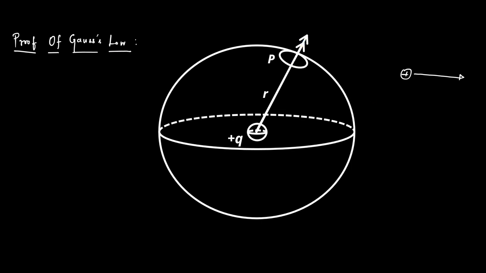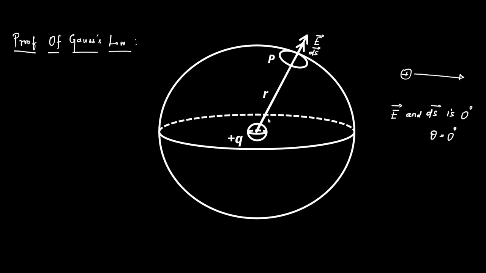The angle between the electric field vector and the small area vector is 0 degree. Theta is equal to 0 degree. So this is here E vector and this is here ds vector.